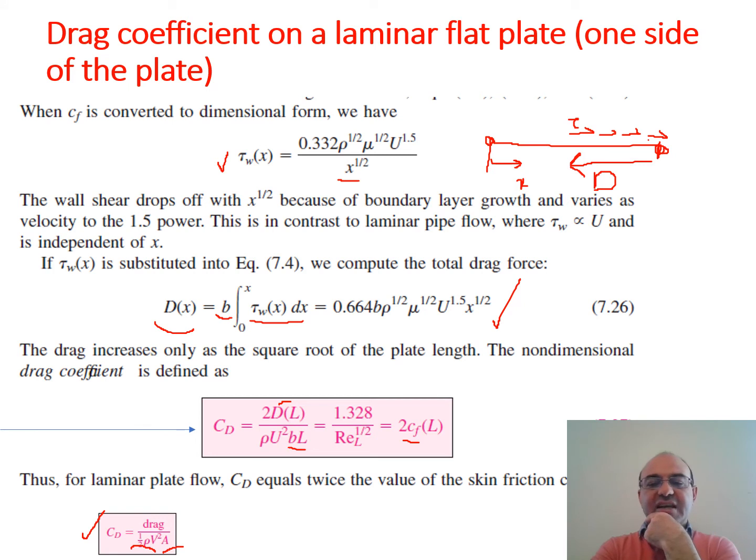So it means that CFL is 1/2 of CD. What does it mean? It means that as you move forward in the direction of the flow, as x increases, CF, the local friction coefficient, decreases as we move in the x direction.